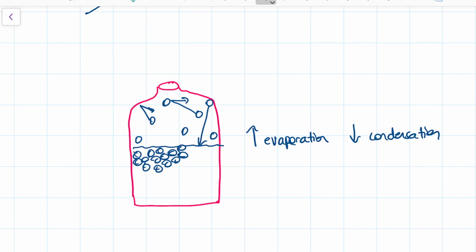So you have this forward and back going on. Picture molecules leaving through evaporation, picture molecules coming back to the liquid in the form of condensation. And when evaporation equals condensation, you have a certain quantity of pressure being exerted on the sides of the container. And that amount of pressure is called vapor pressure. Oh, it's the pressure of the vapor.